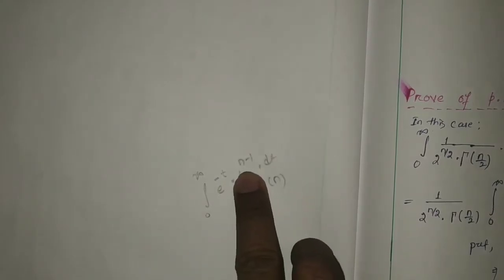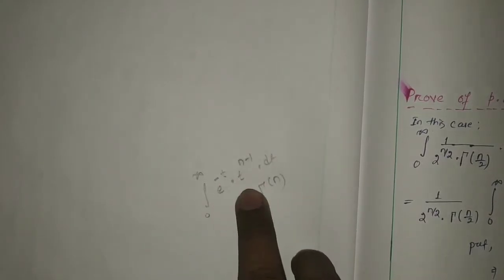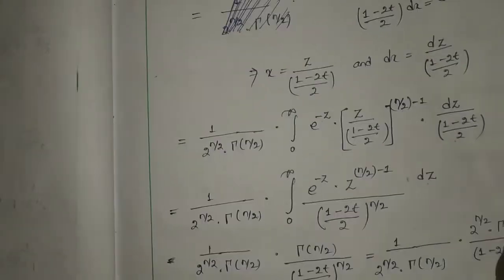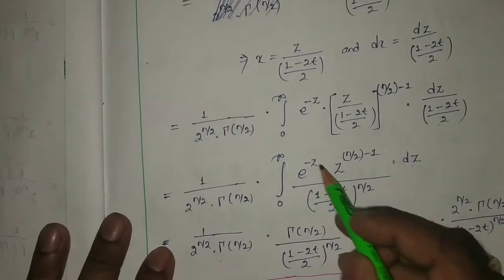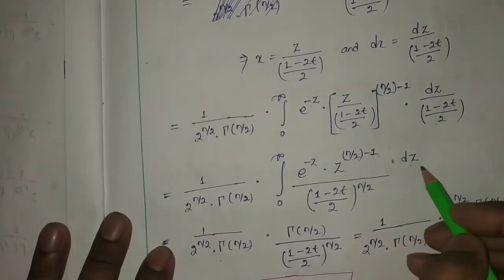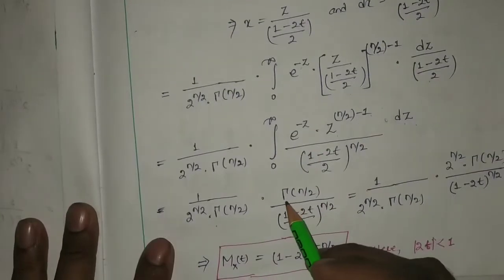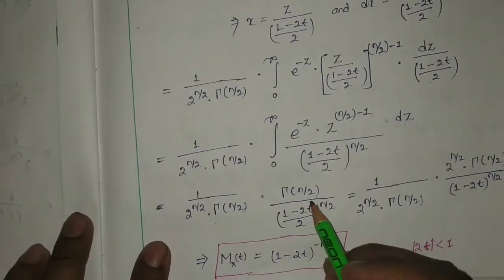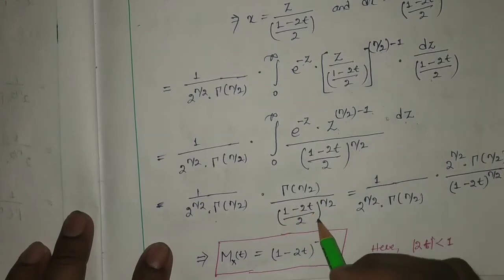So here instead of t, z is there, and instead of n, n by 2 is there. So e to the power minus z, z to the power n by 2 minus 1 dz, 0 to infinity, that means gamma n by 2, right? And this term as such it has been written.